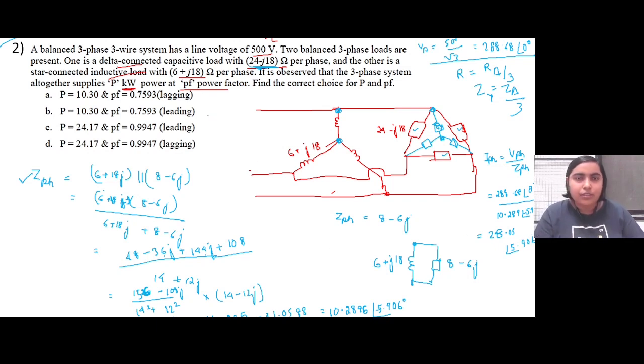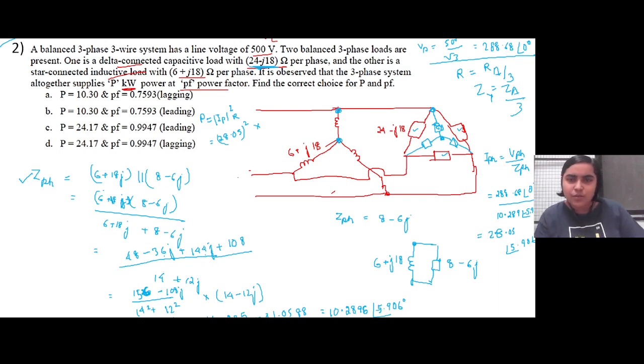Now you have the I phase, and since you need only the real part of the power, the real part of the power will be I phase square times R. So it is 28.05 square times R, here 6 and 8.